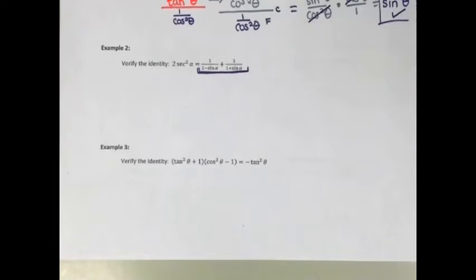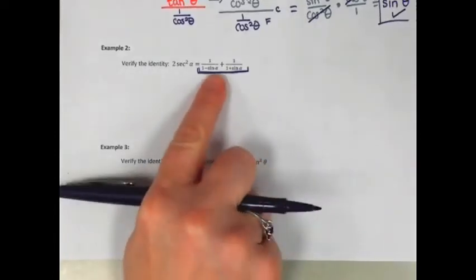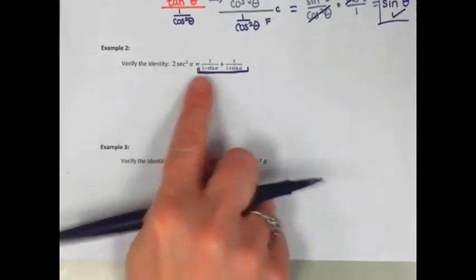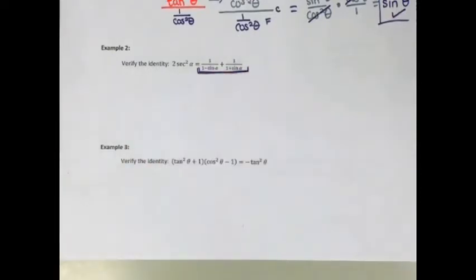No. So do we have anything that equals 1 minus sine theta? No. But let me ask you, do we know how to add fractions? Yeah. How do we add fractions? Common denominator.